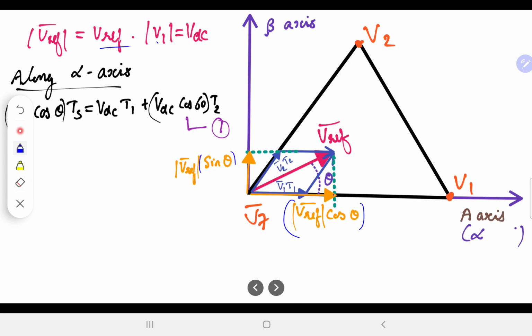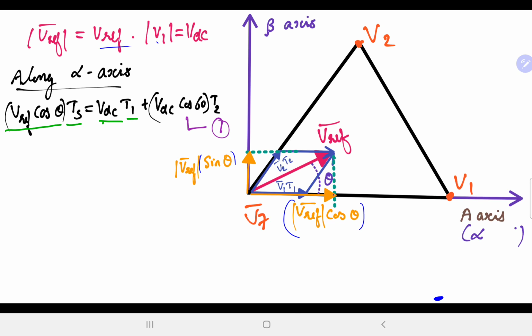Okay, now what will be the outcome? So mod of vref cos theta multiplied by ts, which is this component, is equal to vdc, multiplied by, because modulus of v1 is vdc, vdc t1 plus vdc cos 60 t2.